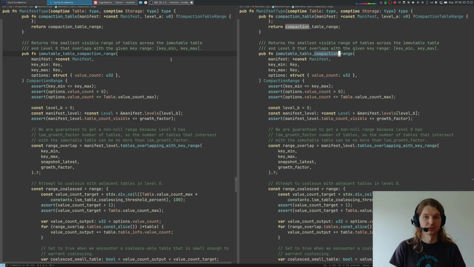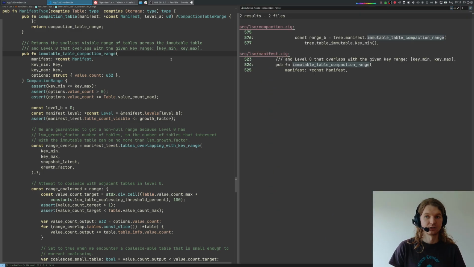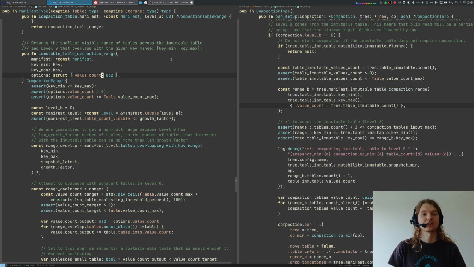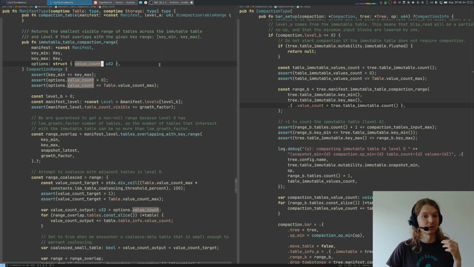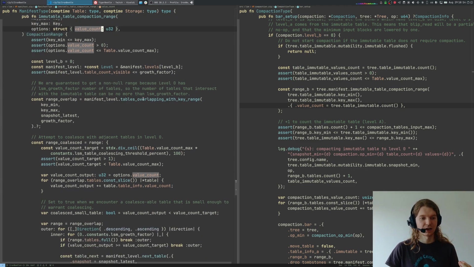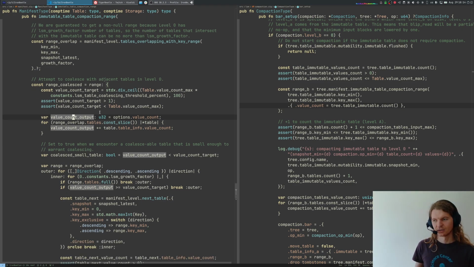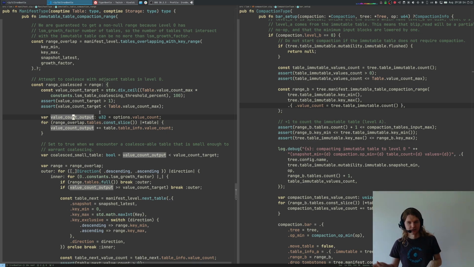Okay, what is a value count here? Okay, yeah. So a value count is the number of items in the in-memory level. Okay, so here I think we are going to estimate the total number of entries in the resultant tables.